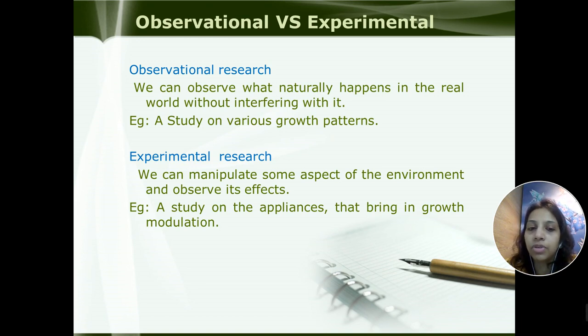Whereas in experimental research, we study the appliances that bring in growth modulation, like the chin cup and face mask, the different appliances which bring in changes in growth modulation. That is your experimental research. You apply an external intervention in a naturally going on procedure and then you see and document the results.